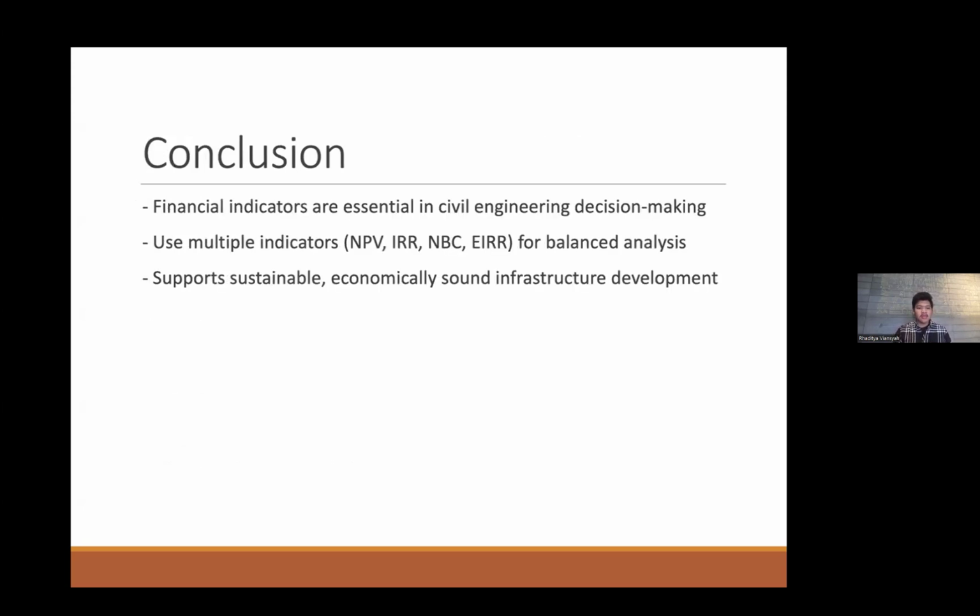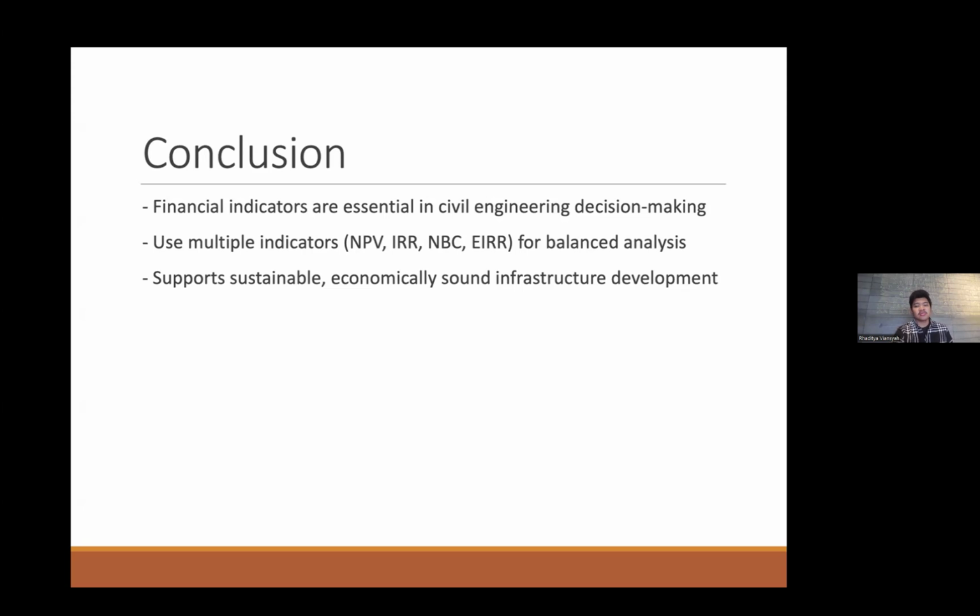Okay, next, for the conclusion. To sum up, mastering these topics, the cash flow, the NPV, the EIRR, the NBC, the profitability index, and also IRR 9, empowers construction managers, construction teams, and construction workers to evaluate and prioritize and successfully deliver projects.